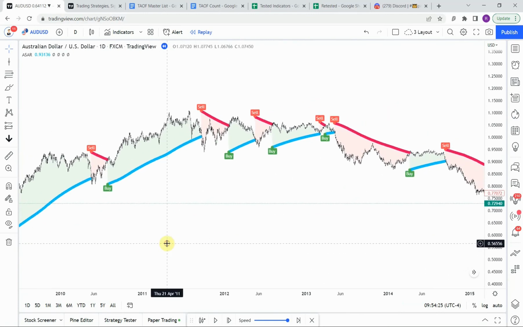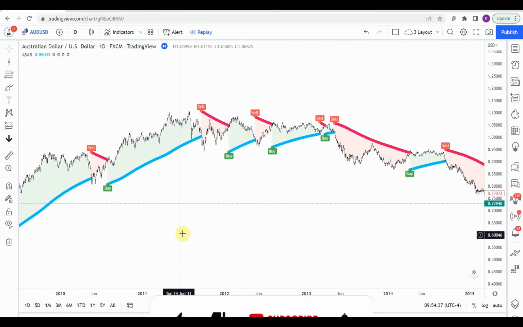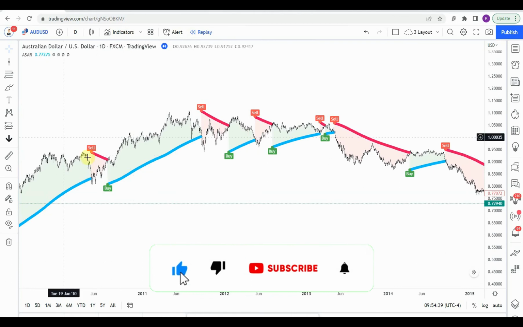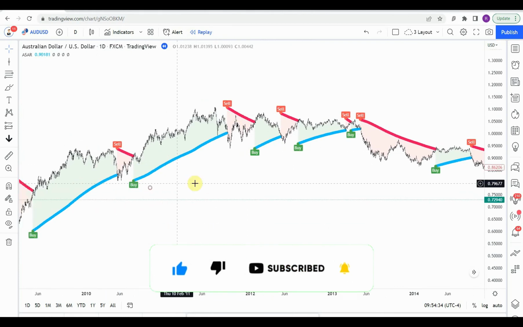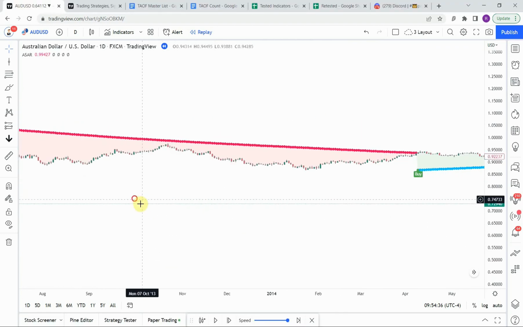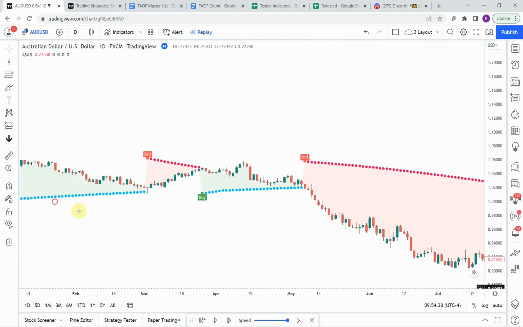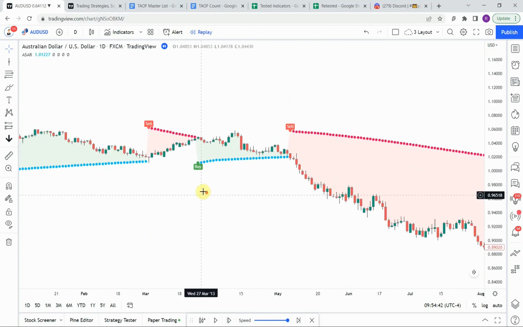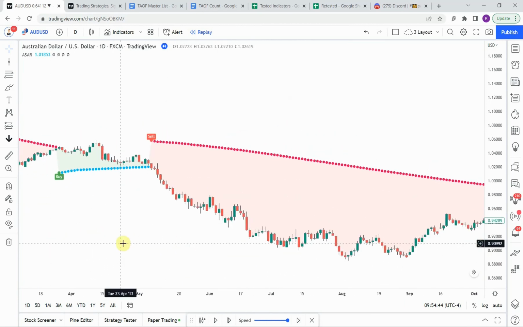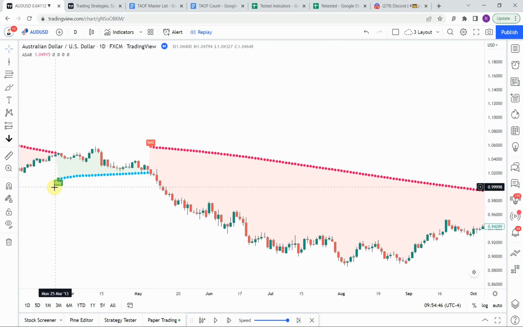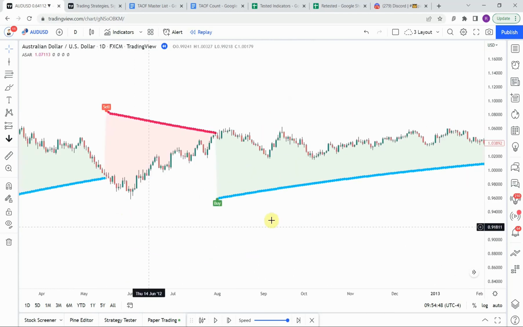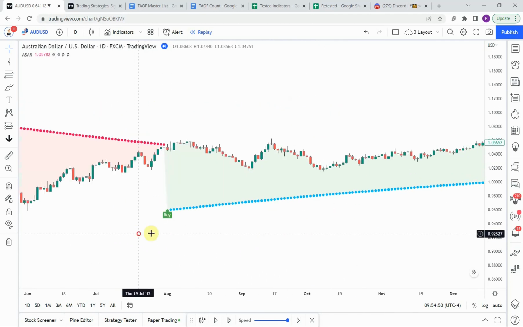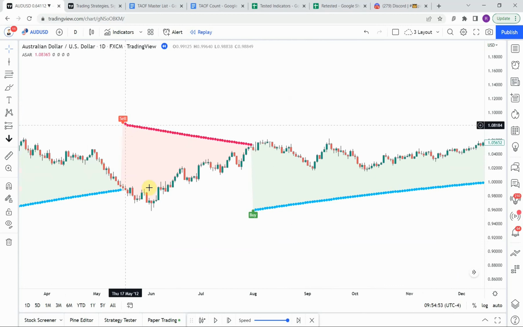It's the parabolic SAR, but it is adaptive, and so you can see that it functions basically just like the parabolic SAR does, where it has these dots that jump from above to below the price action. And in this particular case, they added in the buy and sell tags there, so it makes it a little bit easier for us to know the buy and the sell.